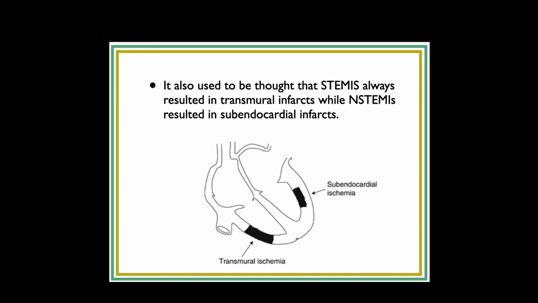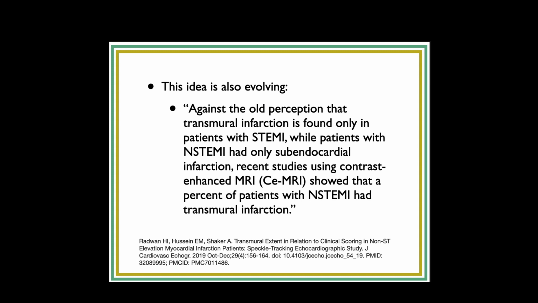So it also used to be thought that STEMIs always resulted in complete muscle transmural ischemia, and NSTEMIs resulted in what's called subendocardial ischemia, meaning close to the endocardium here. And again, that frequently is the case, but this idea is also evolving.